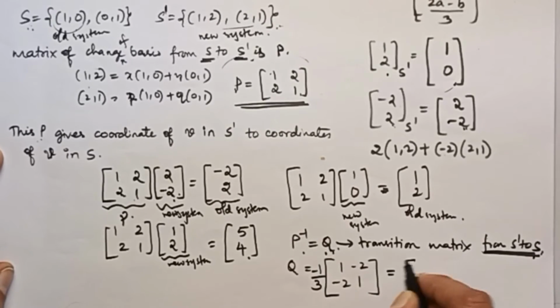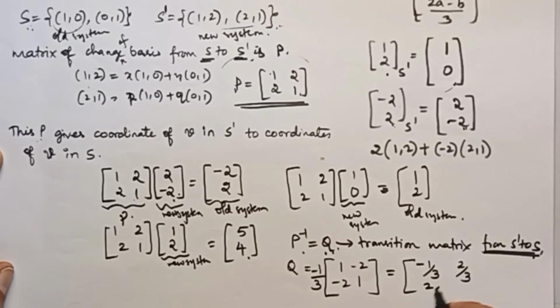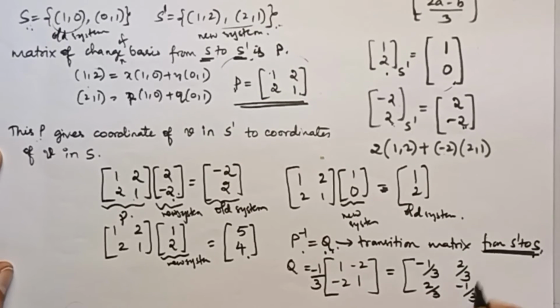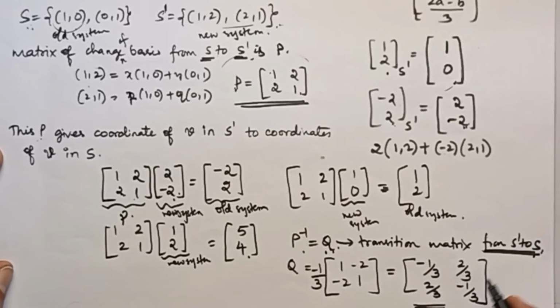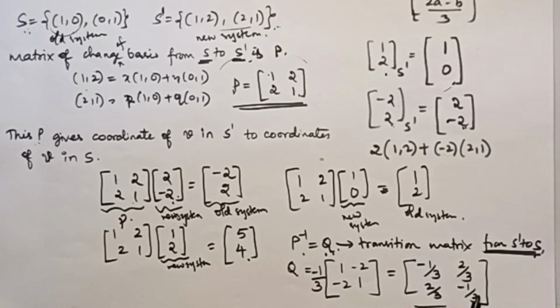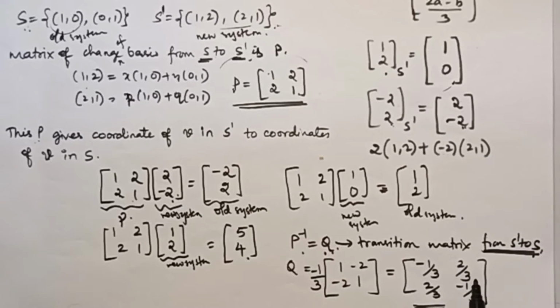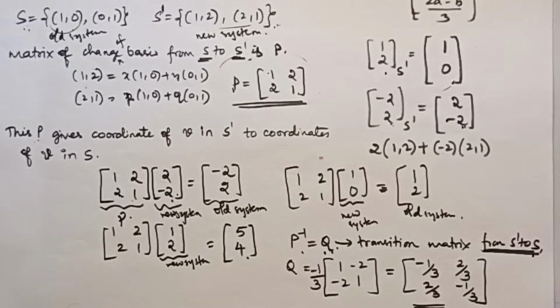So this gives you minus 1 by 3, 2 by 3, 2 by 3 and minus 1 by 3. So this is the matrix of change of basis from S dash to S. Now if you take any vector of the old system, and apply this matrix to the left of that vector, you will get the coordinates of that vector in the new system.